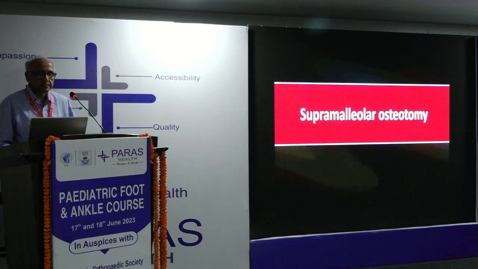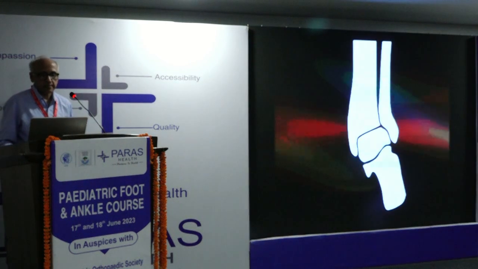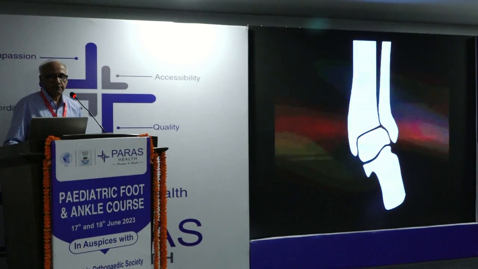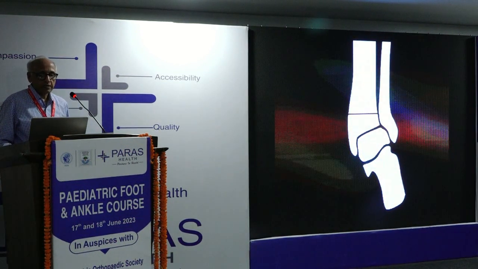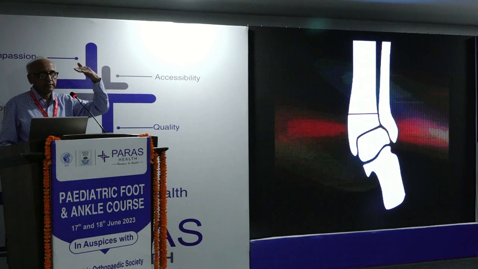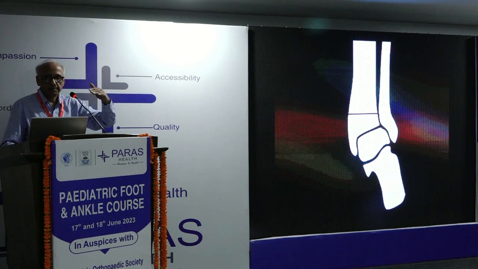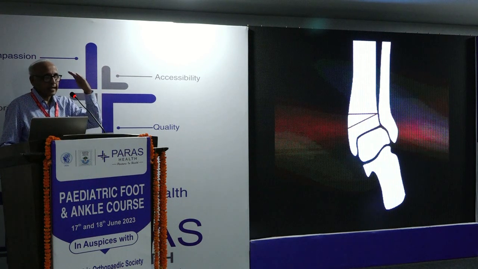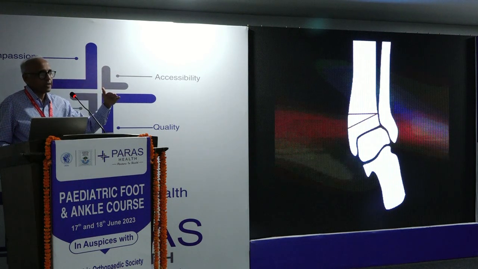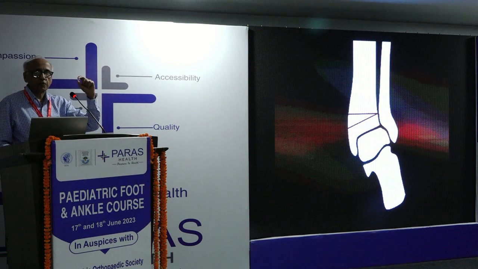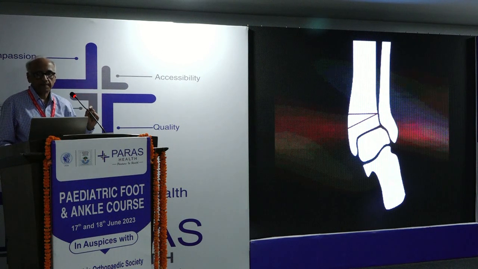So let's see, this is a supramalleolar osteotomy. If this is a deformity, there is a valgus, we need to draw a line which is perpendicular to the long axis of the tibia. This is the axis, the line which we draw perpendicular to the physis. So this is the amount of correction which is required.